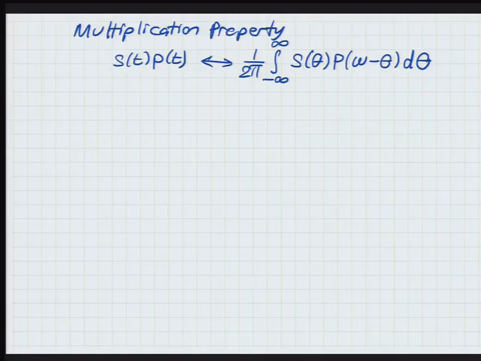To convince yourselves, what you can do is apply the synthesis equation to this. The synthesis equation says take the function of omega, multiply it by e to the j omega t, integrate, and divide by 2 pi.